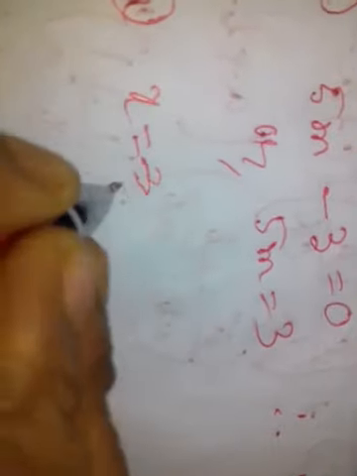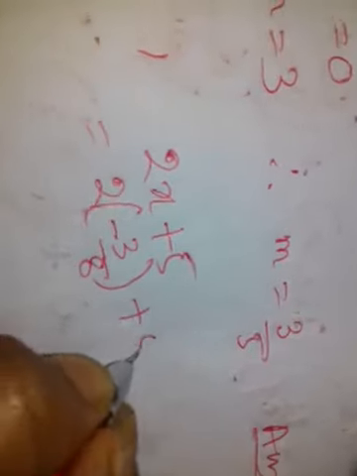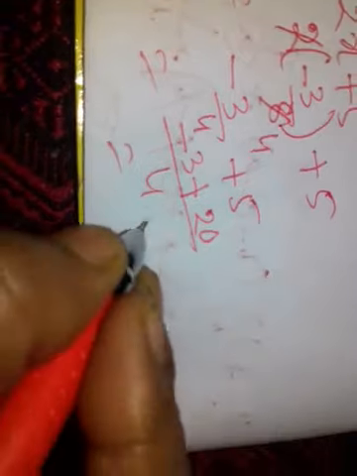Next, sum number 3 part A. If x is equal to minus 3 by 8, then find the value of 2x plus 5. 2x plus 5 is equal to 2 into minus 3 by 8 plus 5, is equal to 2 4s are 8, minus 3 by 4 plus 5. 4 is the LCM, minus 3 plus 4 5s are 20, 20 minus 3, that is 17 by 4. 17 by 4 means 17 and 4 both are integers and 4 not equal to 0.